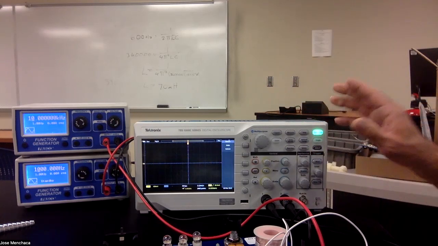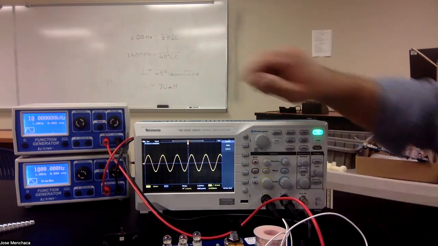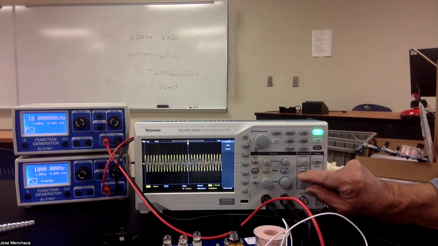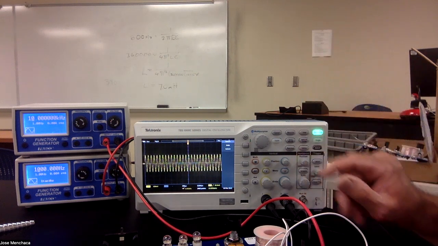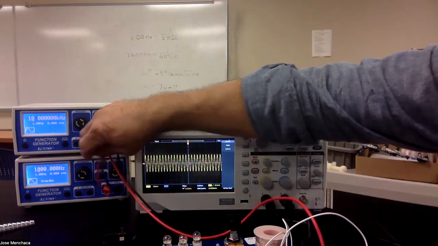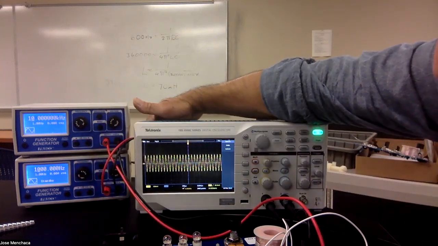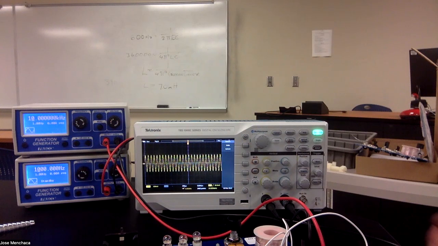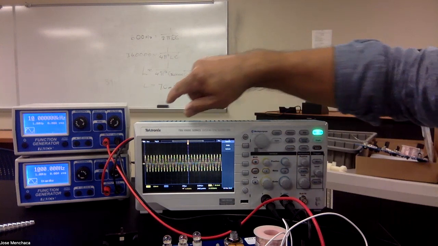And let me go to auto set. Basically, we have here, let's close this up. We have 10,000 hertz on the top, and on this bottom, I'm feeding a 1,000 hertz. I'm going to vary that, but a 1,000 hertz signal to modulate.